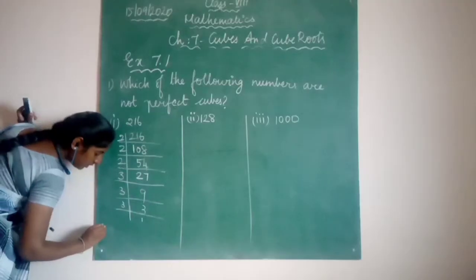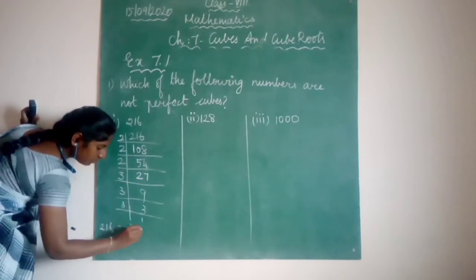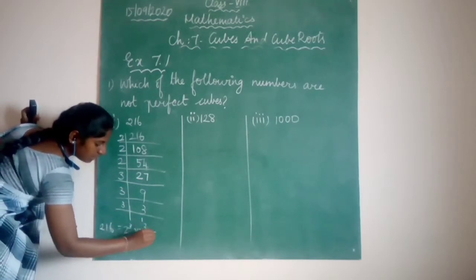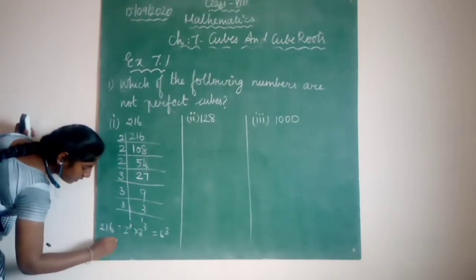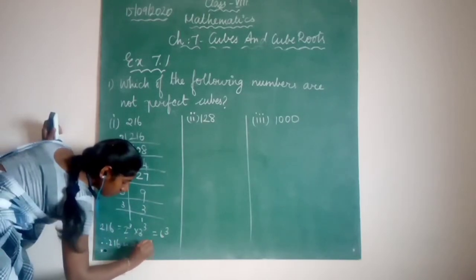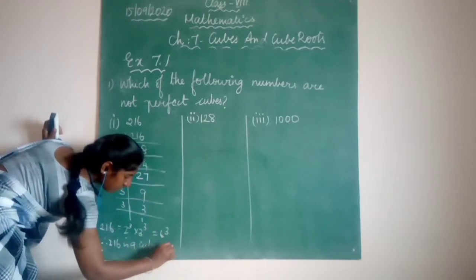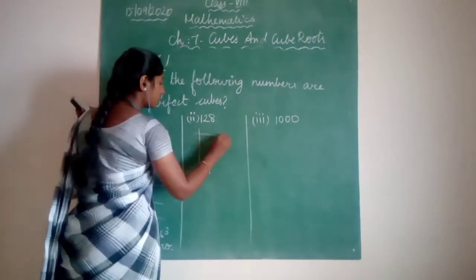Now you can write 216 as 2 cube into 3 cube, right? And that is equal to 6 cube. Therefore 216 is a cube number.